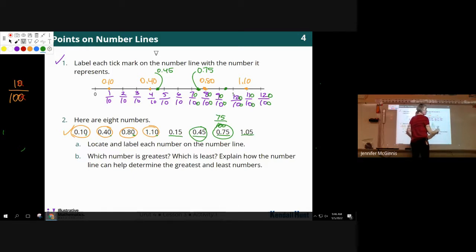But I have more than one whole. And here's my one whole. So if I have more than one whole, do I want this behind the one whole? No. Help her, Nehemiah. Between the 10 and 11.